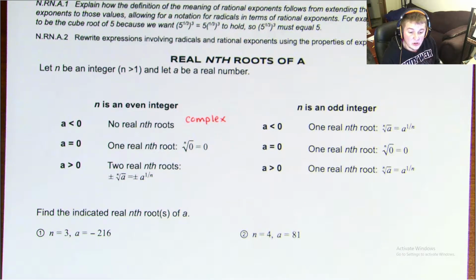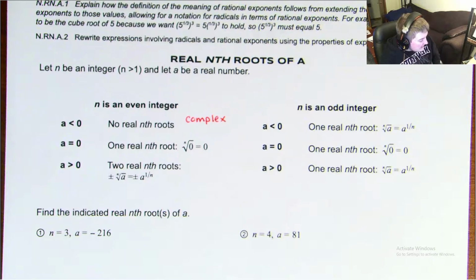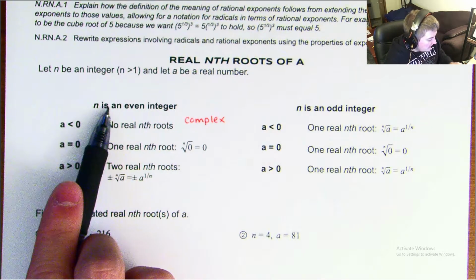When a is 0, you're going to have exactly one nth root, and it's going to be 0. When your a value is positive, you're going to end up having two real nth roots, when n is even.